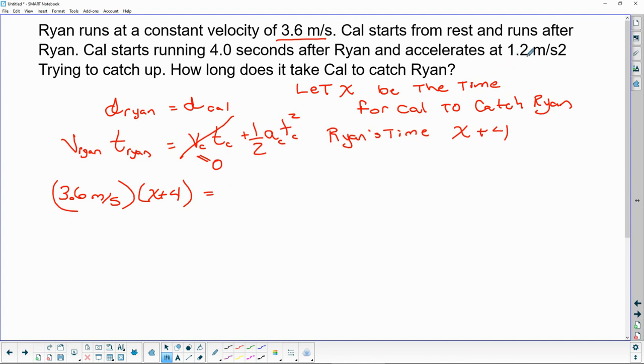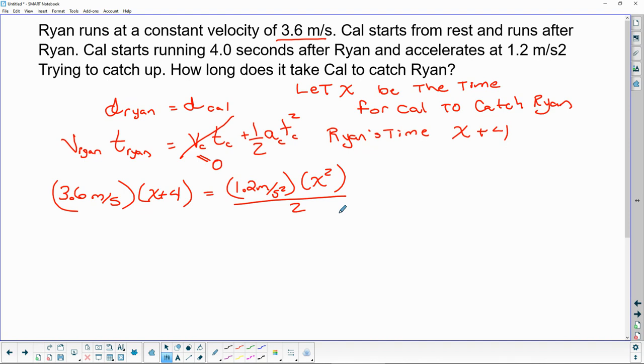I'm going to take this acceleration, 1.2 meters per second squared, and multiply it by Cal's time, x squared, and divide that by 2. And here's our equation. You can see that we're going to get a quadratic.